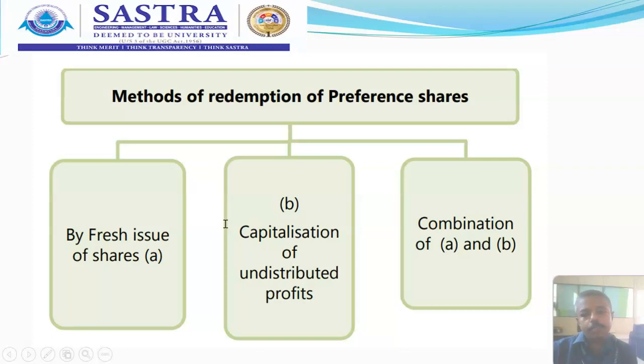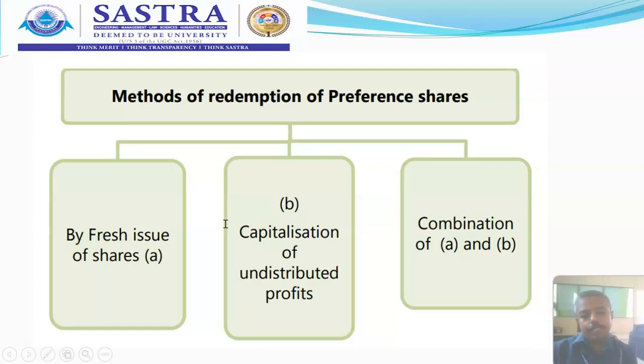A company can issue new shares, and that could be equity shares or preference shares, and the proceeds from such new shares can be used for redemption of preference shares. The proceeds from issue of debentures cannot be utilized for the purpose. Please make a note, this is expected in the multiple choice question. The proceeds from the issue of debentures cannot be utilized for the purpose.